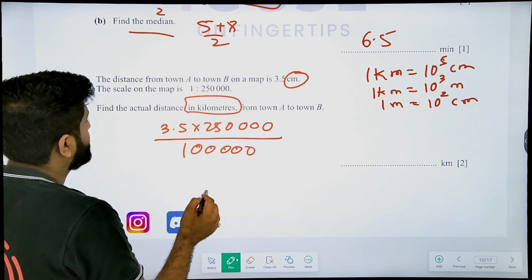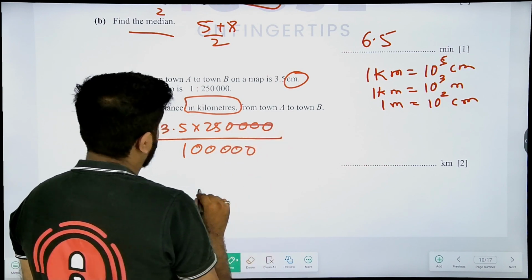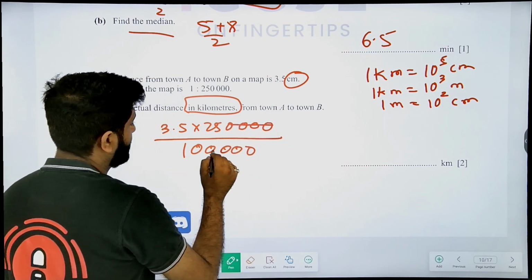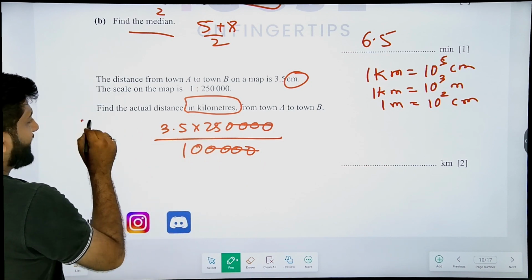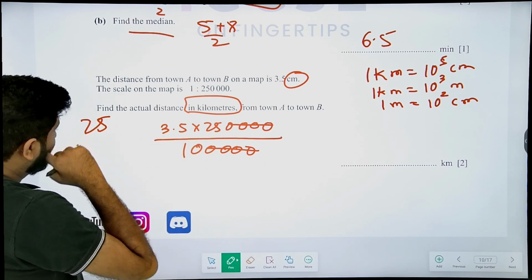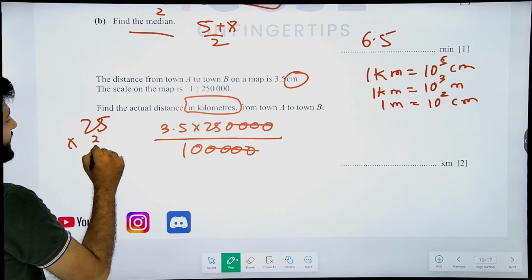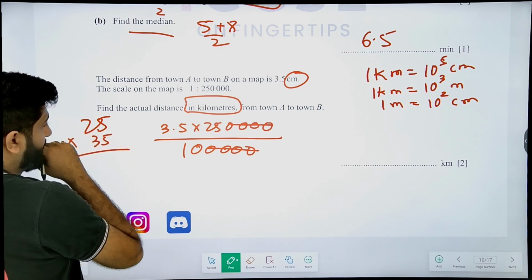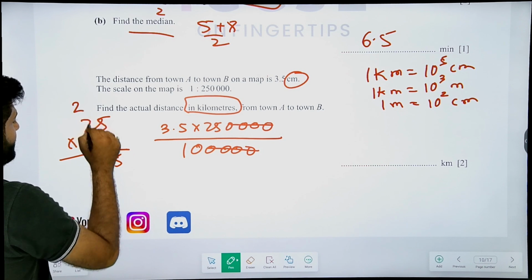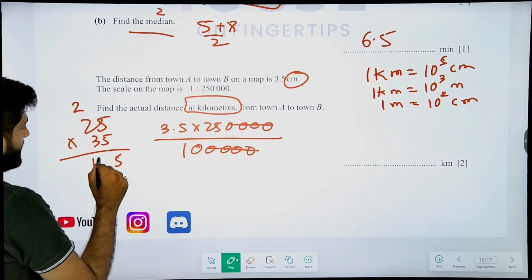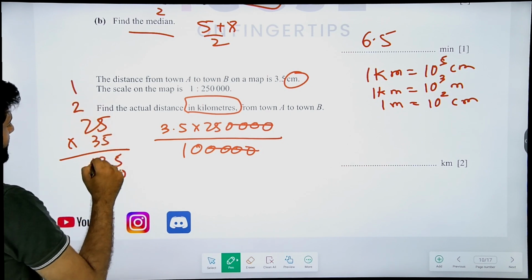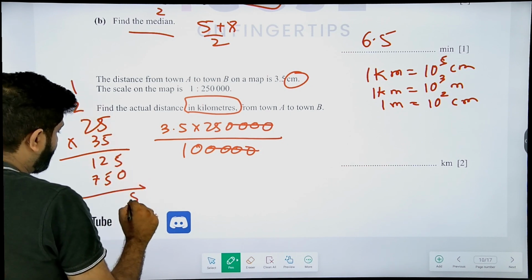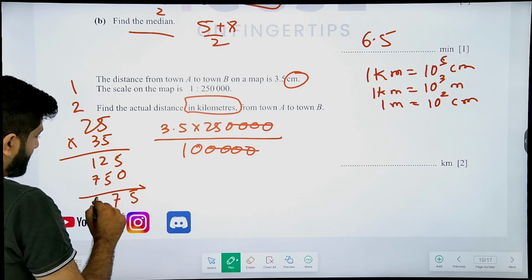Now let me cancel some of the zeros. 4 is going to get cancelled. Even here I will be able to cancel 4 zeros. So let me multiply 25 into 35. Right. So 5 5s are 25, 5 2s are 10, 10 2s are 12, 0, I have 15 and 7. So you have 5, 7 and 8.